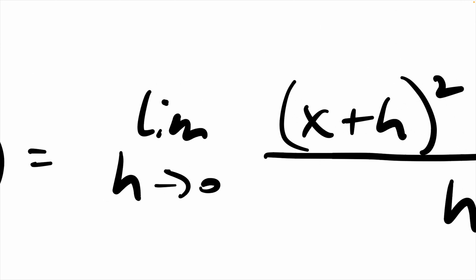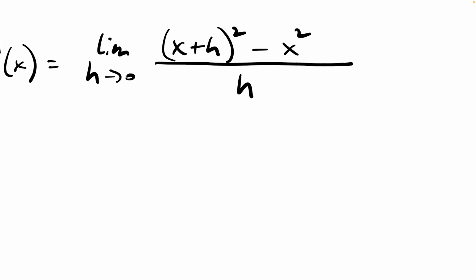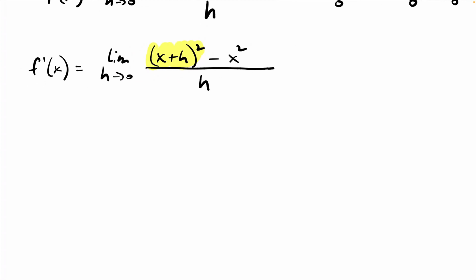Let's multiply it, right? That's just x plus h times x plus h. So let me take a little detour over here, because really it's just x plus h times x plus h.